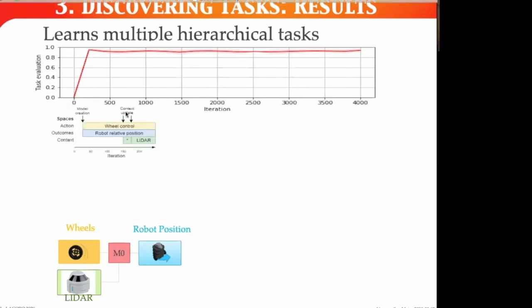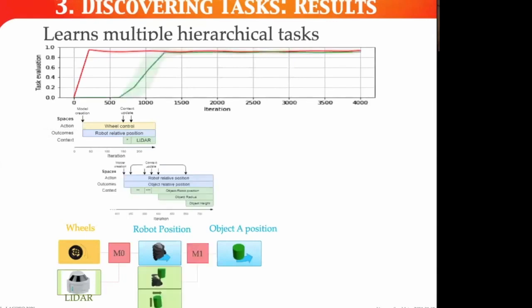The model that it learns says that the robot's position is directly linked to the control of its wheels, but it's also related to the LiDAR reading to detect if there are any obstacles around. The second model, which is controlling the position of an object, the model M1, comes in later, around 1000 iterations.